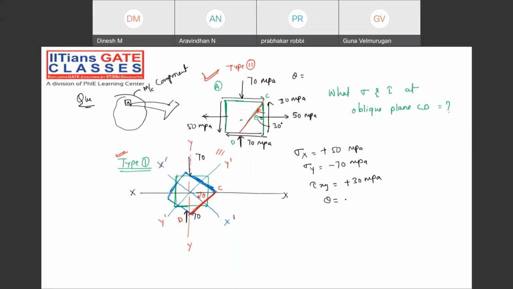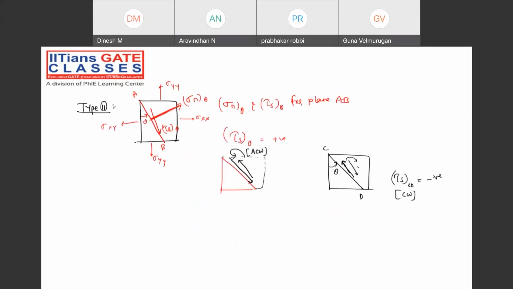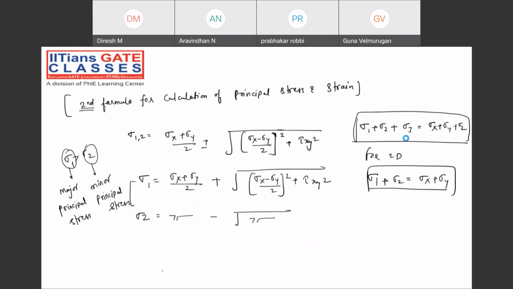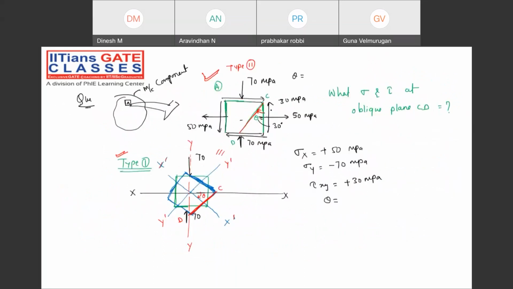Positive or negative? In my notation, positive was anti-clockwise. But right now, the figure shows clockwise in both type 1 and type 2 problems. So it is minus 1.